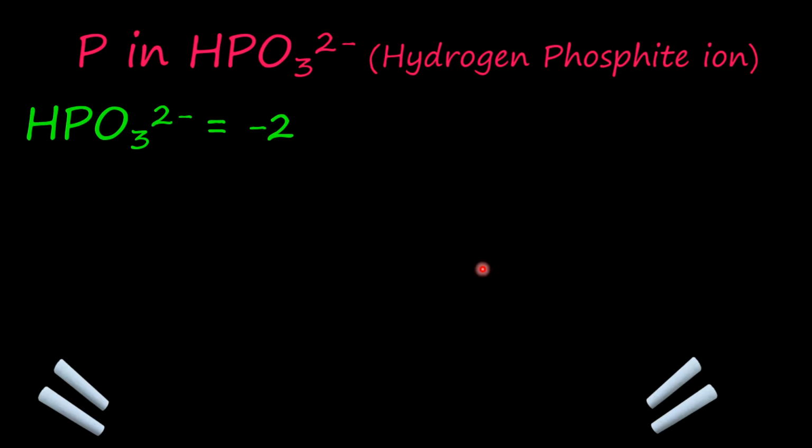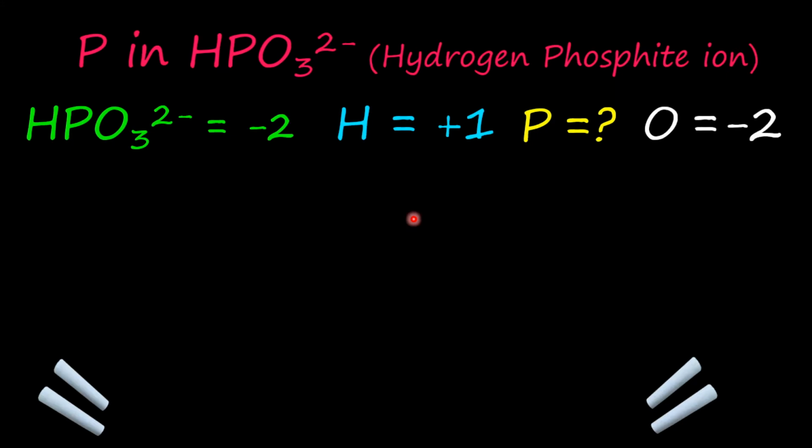So therefore, this molecule is equal to -2 because that is the charge on the ion. Now, hydrogen is +1 in this case. We want to find phosphorus, and oxygen is -2.